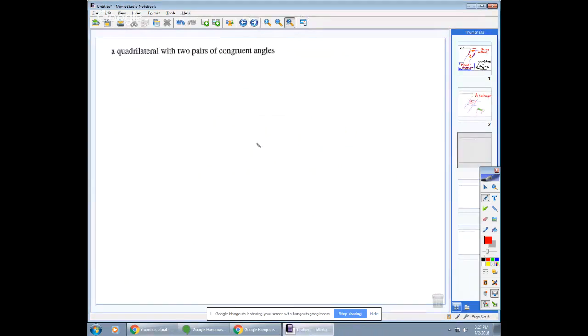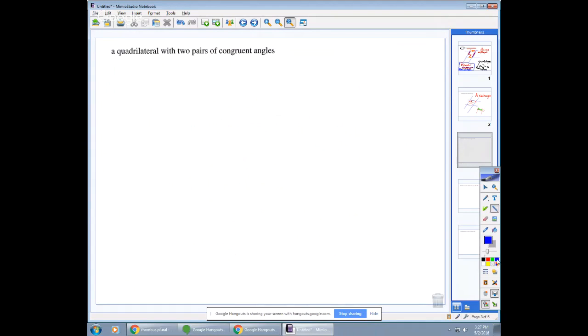Next: a quadrilateral with two pairs of congruent angles. So play around on a piece of paper and see what you can come up with. Two pairs of congruent angles.